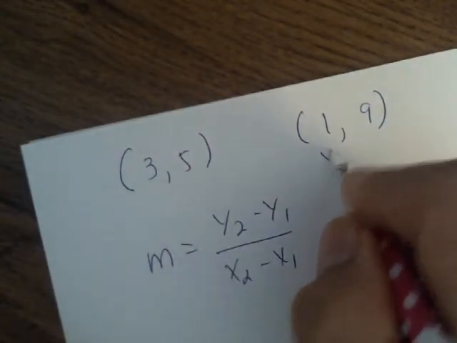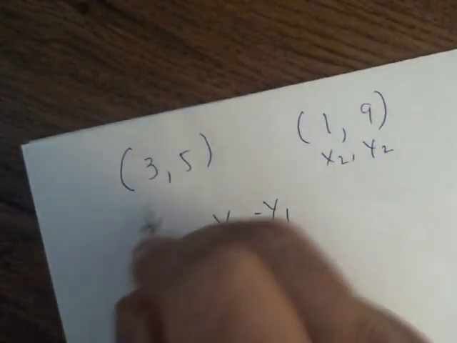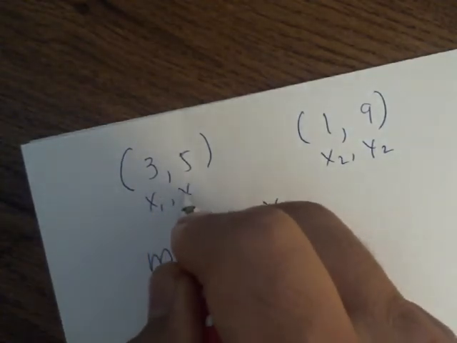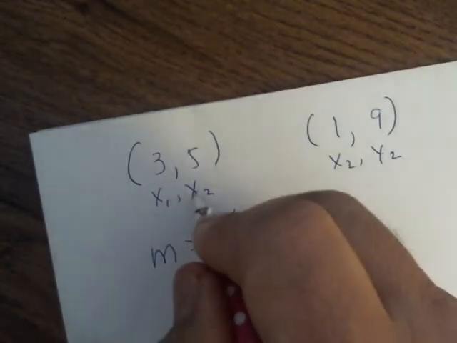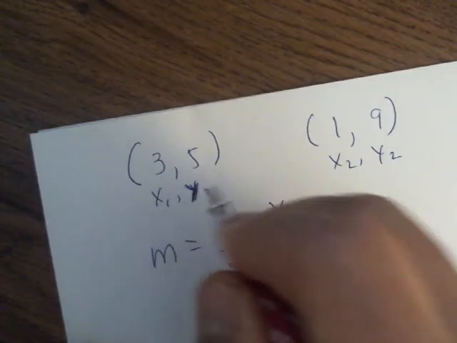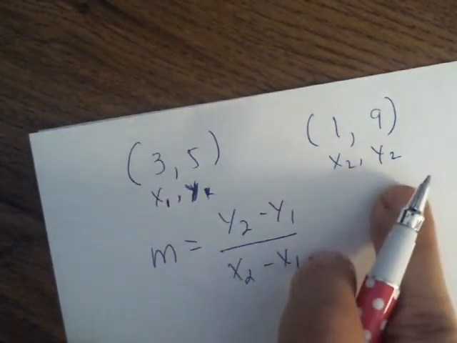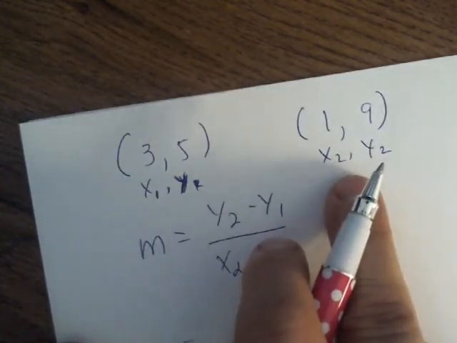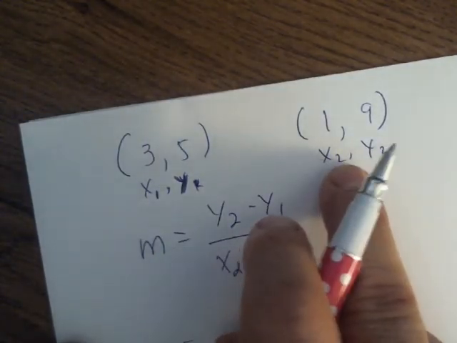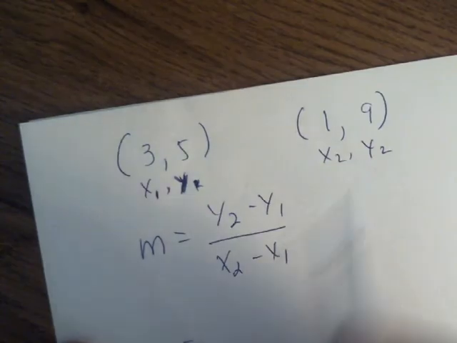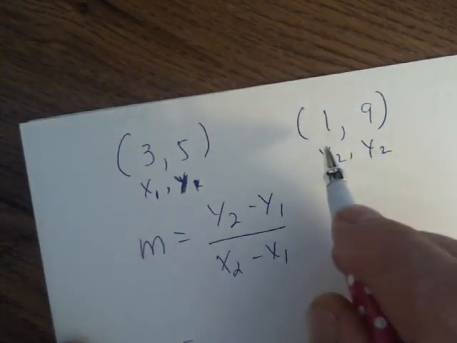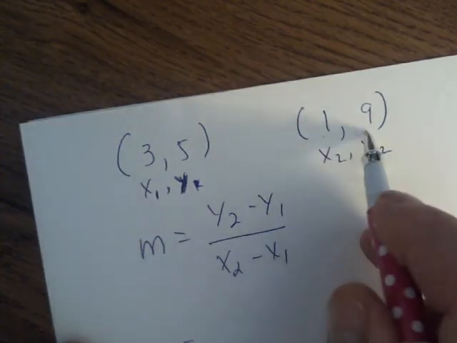So I can say this is my second coordinate. This is my first coordinate. It doesn't really matter which one you call first and which one you call second, but if this is my second coordinate, then x and y both have to be my second.